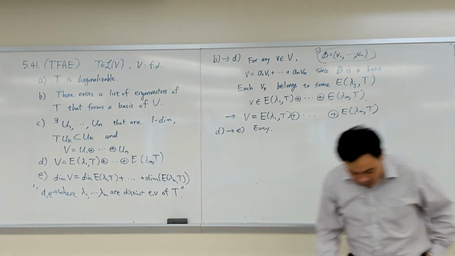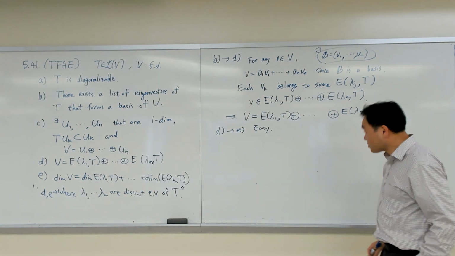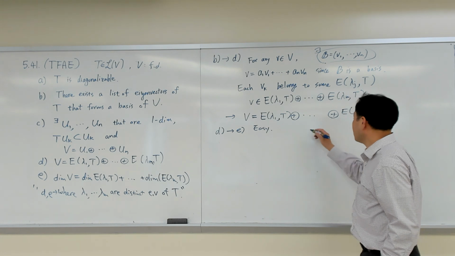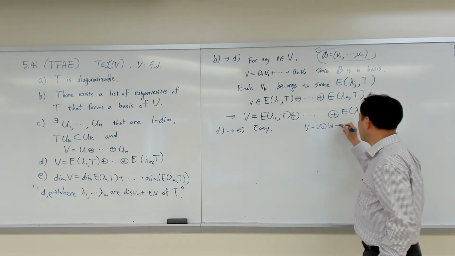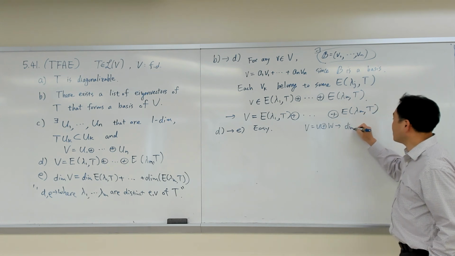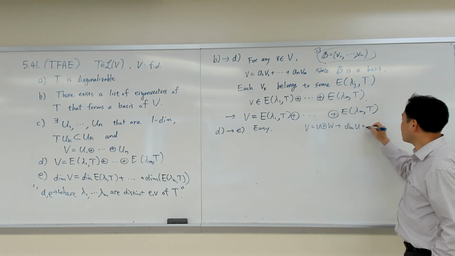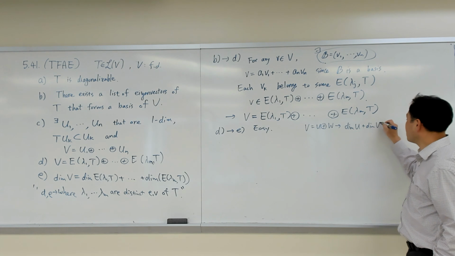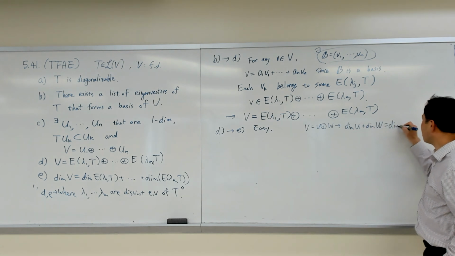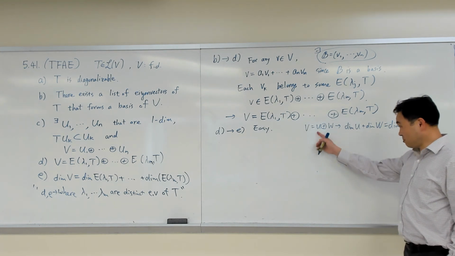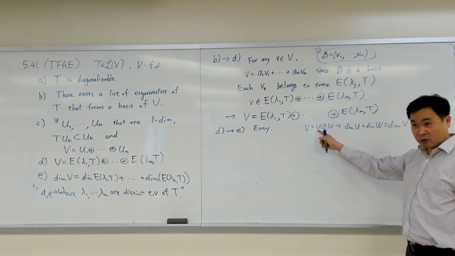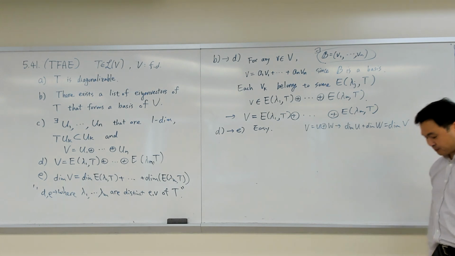It's a direct consequence of the fact that if V is U plus W, then the dimension of U plus the dimension of W is equal to the dimension of V. And this is true for arbitrary direct sums.